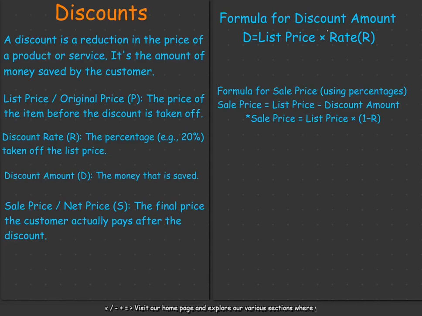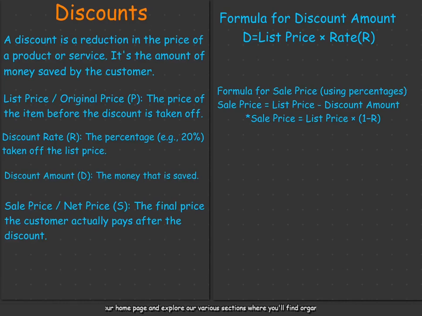How much are they saying don't pay? That is the discount amount. It is the original price, or marked price, or list price, they are all the same, times your rate. If you multiply the rate by the list price, that gives us the discount amount, how much they are not counting.